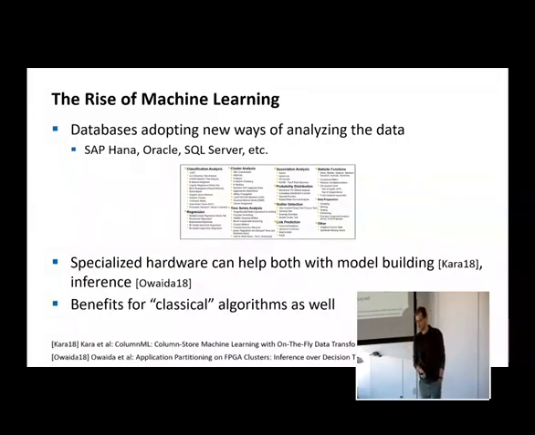So if you want to use your data to create some kind of classifier, you can do that, or to run inference later, you can also rely on hardware. I don't have the time to talk about this, but you can even take classical, so to say, boring algorithms like k-means clustering, and use these ideas of hybrid processing and in-data path processing to accelerate it and give benefits to the database.